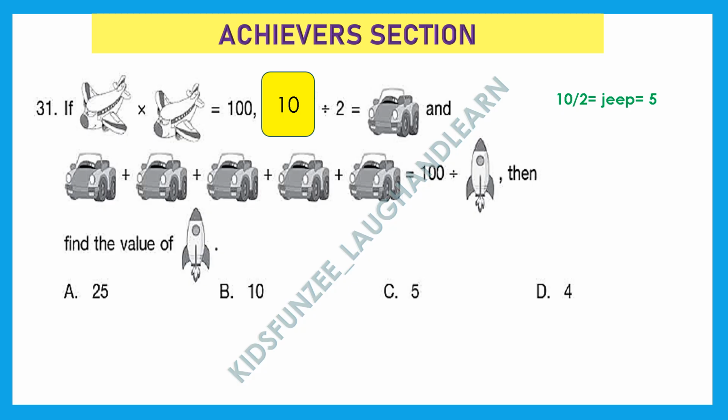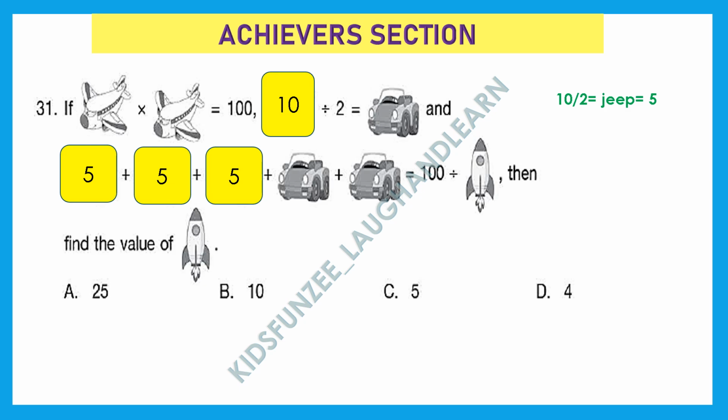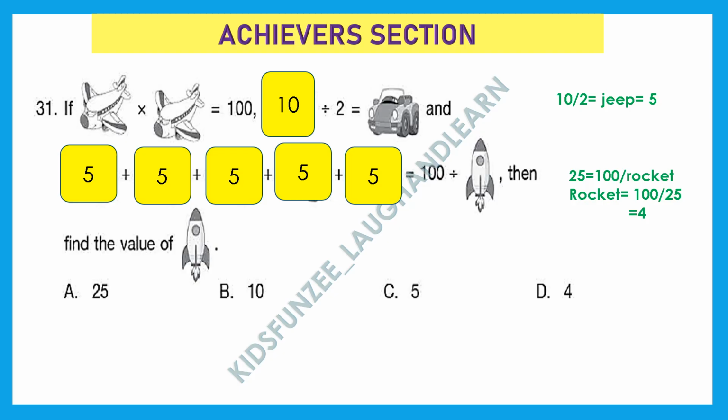Now let's put the value of Jeep in the third equation. 5 plus 5 plus 5 plus 5 plus 5 equal to 100 divided by rocket. So that is 25 equal to 100 divided by rocket, or rocket is equal to 100 divided by 25, which is equal to 4. We got the value of rocket as 4, which is option D.